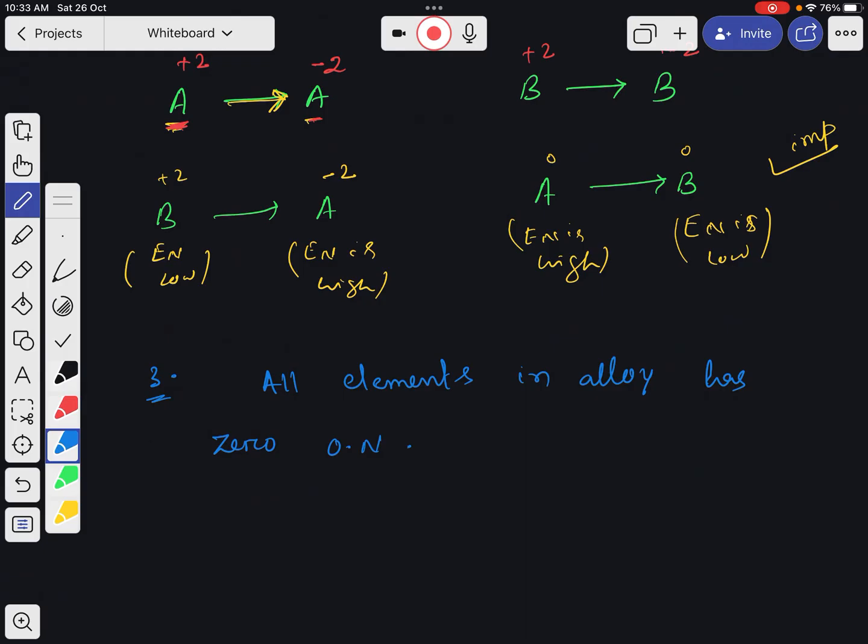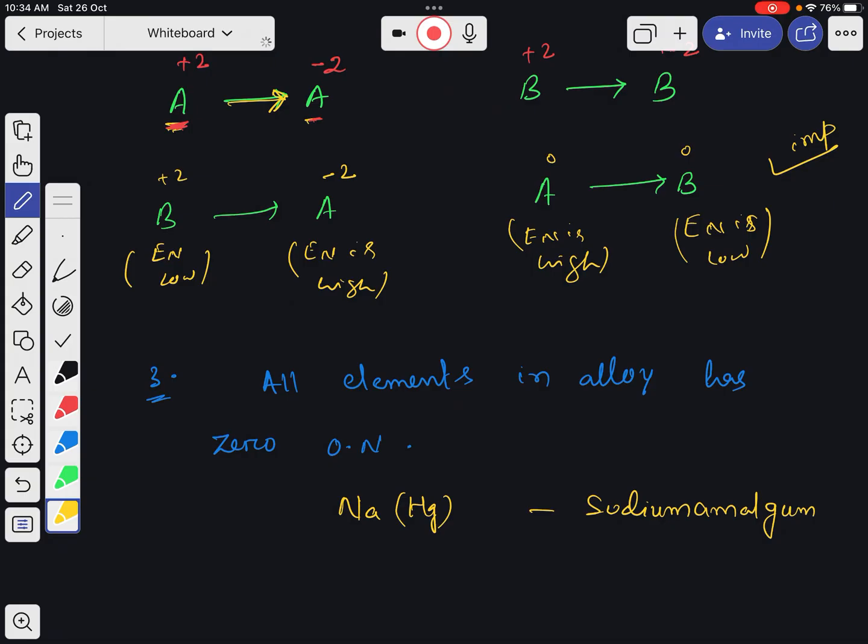Okay, in case of an alloy, an alloy is a homogeneous mixture of two or more than one metal. And in case of amalgam, if you write NaHg, this is called sodium amalgam. What is amalgam?